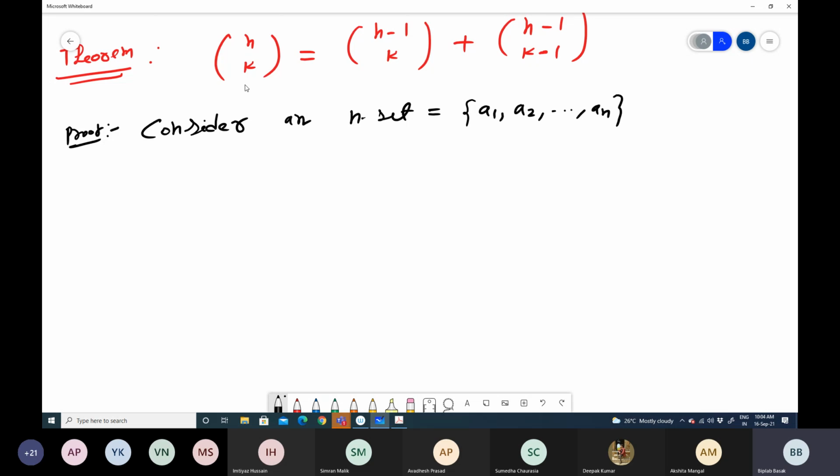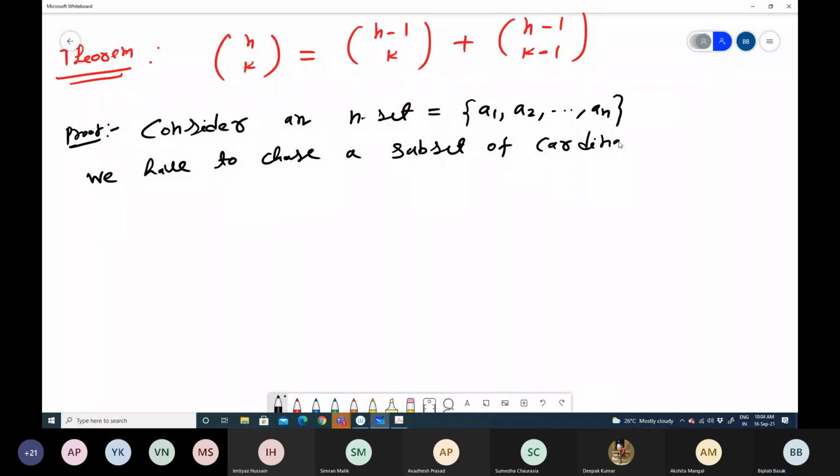That means we have to choose a subset of cardinality k. Or you can say that we have to choose a subset which is also a k set.